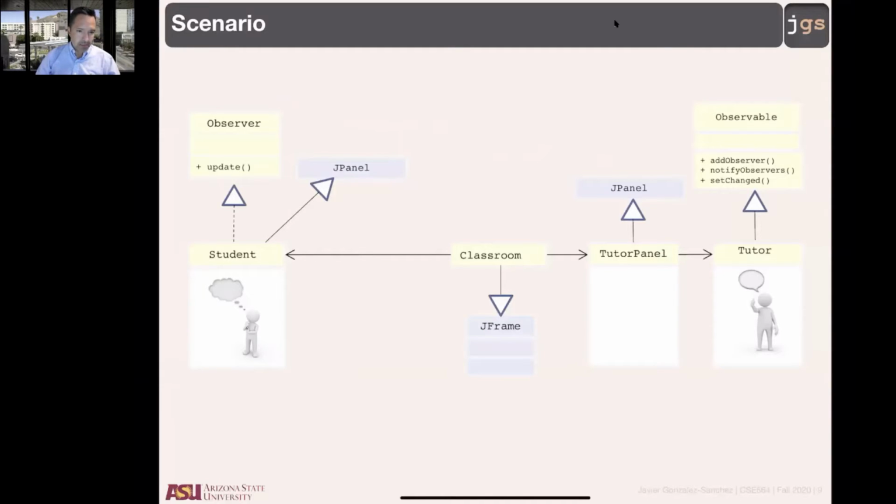I showed you the example of the observer with input and output on the console. Think about it. If I show you this diagram, this is the same that I showed you before, but now I want to include graphical elements. And when I want to include graphical elements, well, I am going to involve new classes.